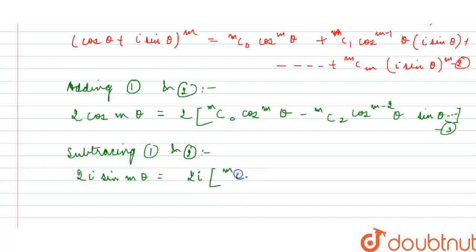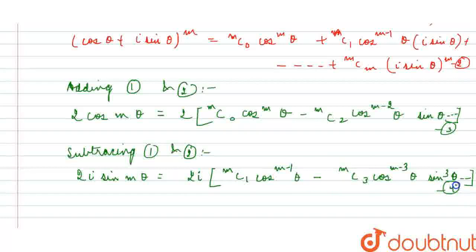Inside it would be mC1 cos of (m-1) theta minus mC3 cos^(m-3) theta sine cube theta. Iota has been taken common and iota square is equal to minus 1, so that minus I've taken here. And likewise, this will proceed. Let it be equation number 4.